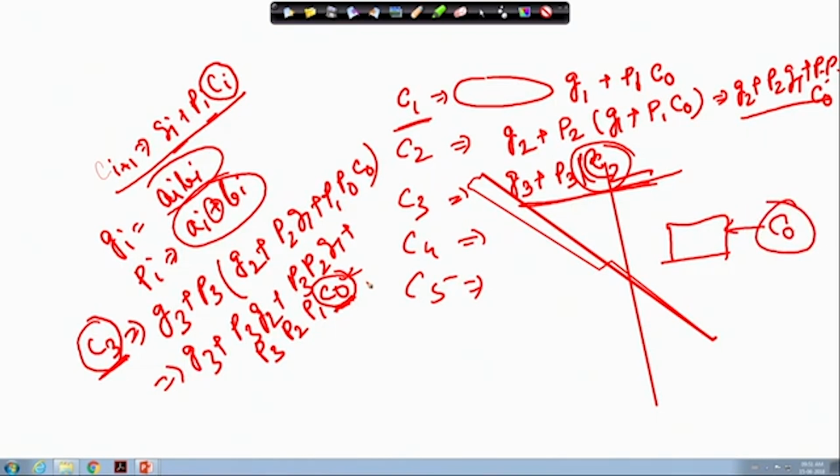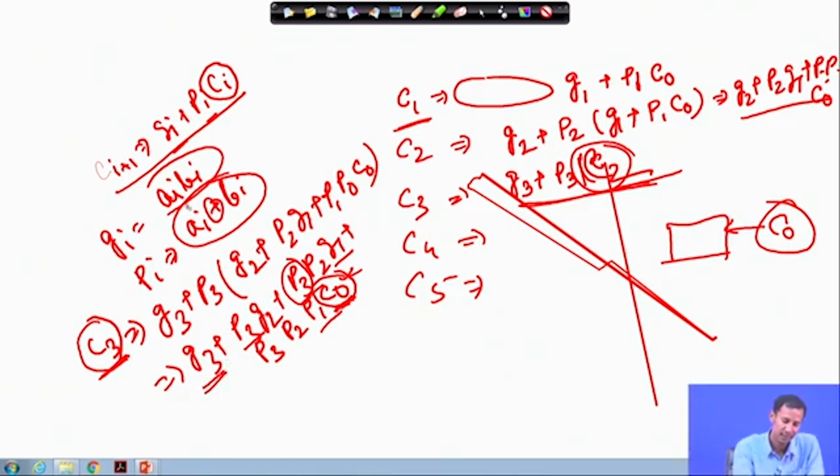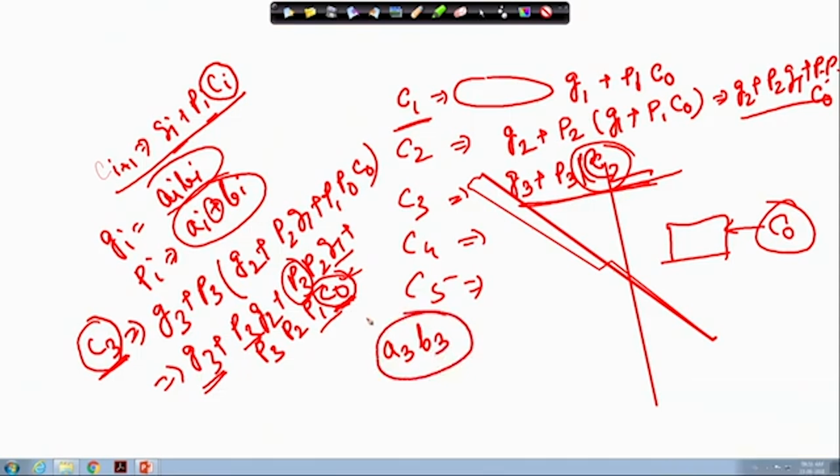And what about G3, P3, P2, G1? How can I calculate them? G3 is nothing but A3 and B3, so it depends on the current input. And P3 is nothing but A3 XOR B3.